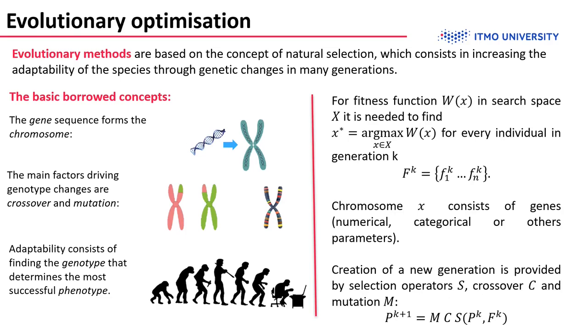Evolutionary methods are based on the concepts of natural selection, and can be adapted for composite model structure identification in the following way. In evolutionary optimization, we have the concept of a chromosome, the set of genes that represents the phenotype of the individual. In our case, the chromosome represents the structure of the composite model, so it is its nodes, links between nodes, and the parameters of each node.